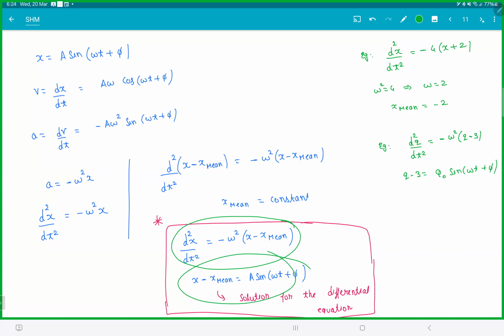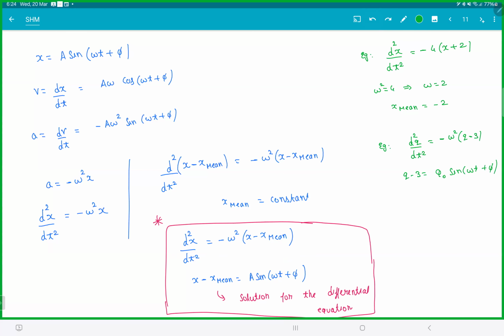The solution is this. Clear so far? So you got rid of the x mean on the left hand side because it's a constant. If you differentiate, it will be 0 anyways. Yeah, okay. Clear?